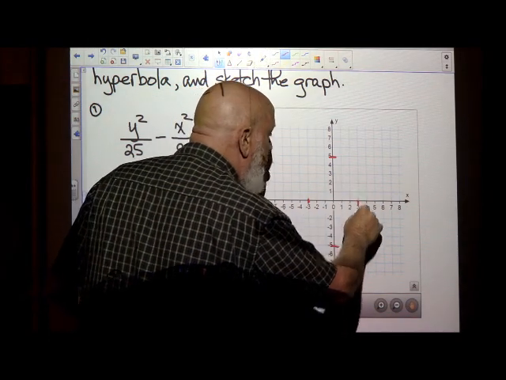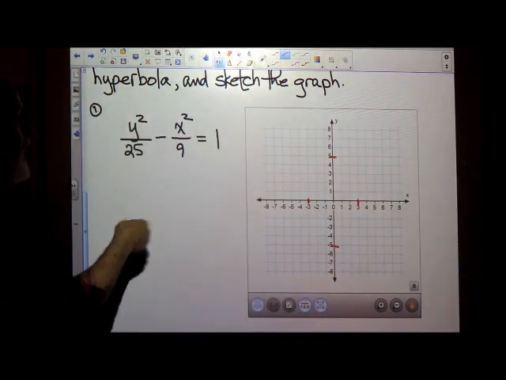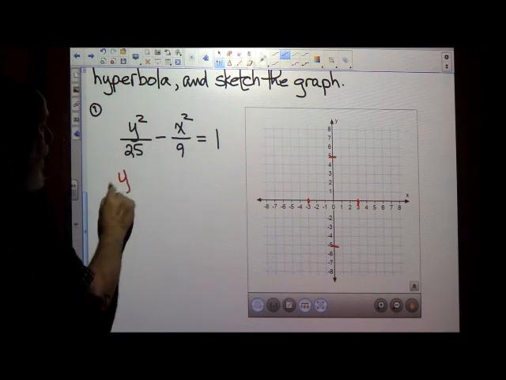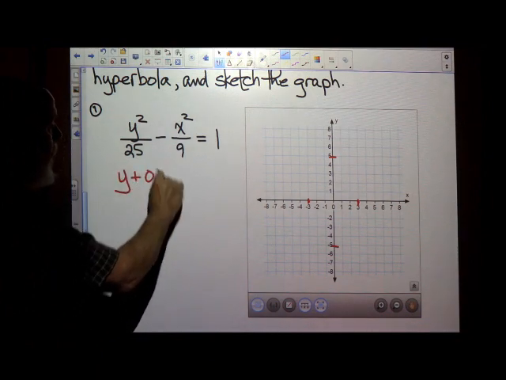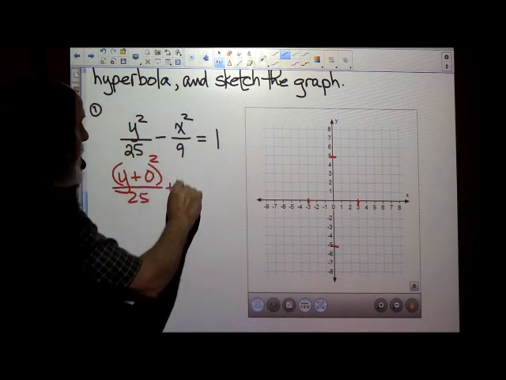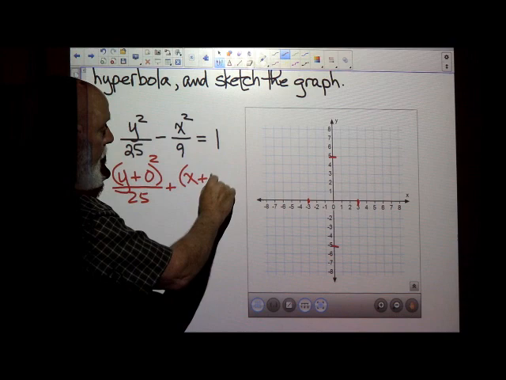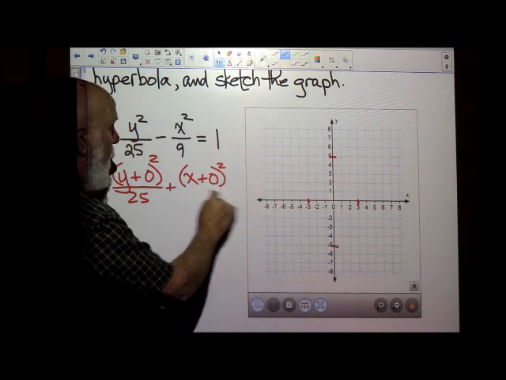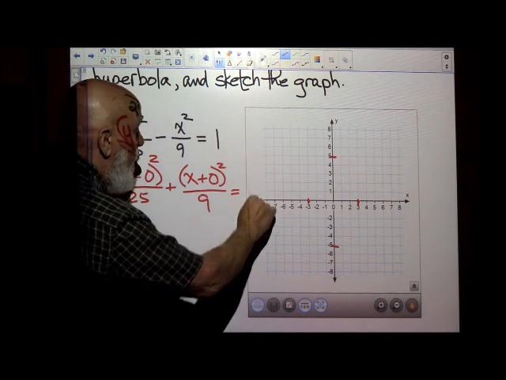Again, as we did with ellipses, we could think of this as y plus or minus 0 squared over 25 plus x plus or minus 0 squared over 9 is equal to 1.